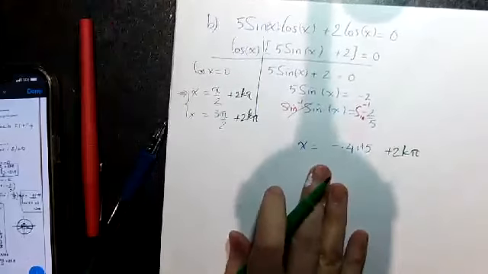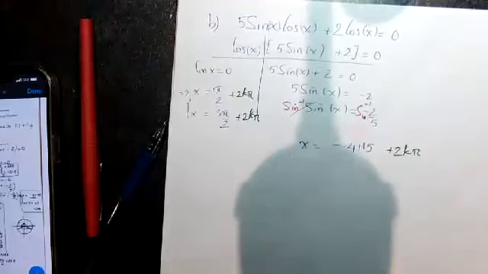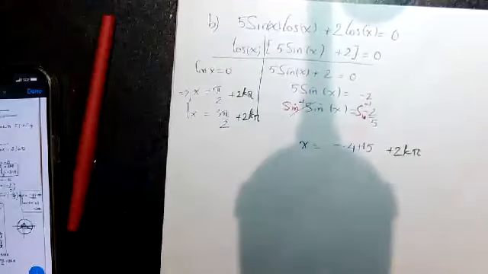Is this a complete solution? Is this complete? Yeah, your quiz 2, back in exam 2. Sine inverse is what quadrant? The sine inverse is what quadrant? 1 and 4.